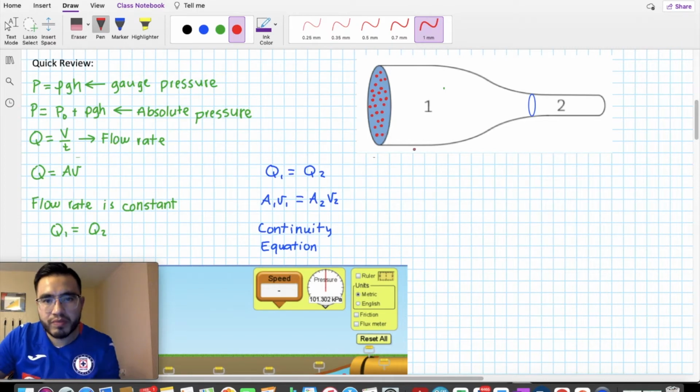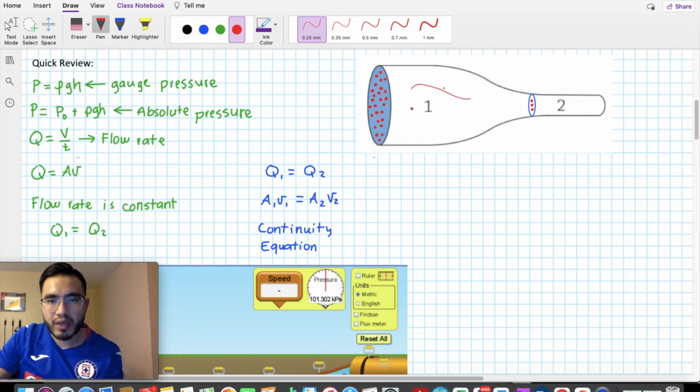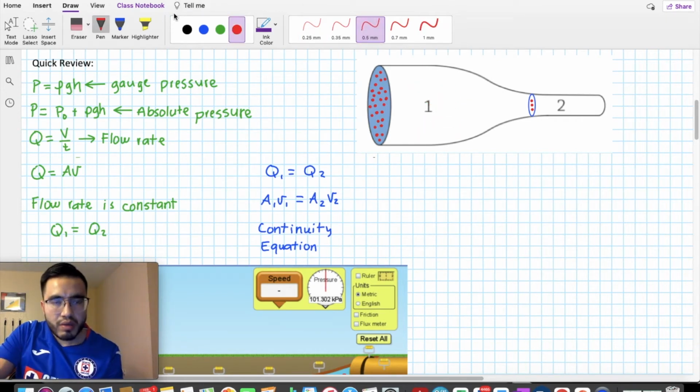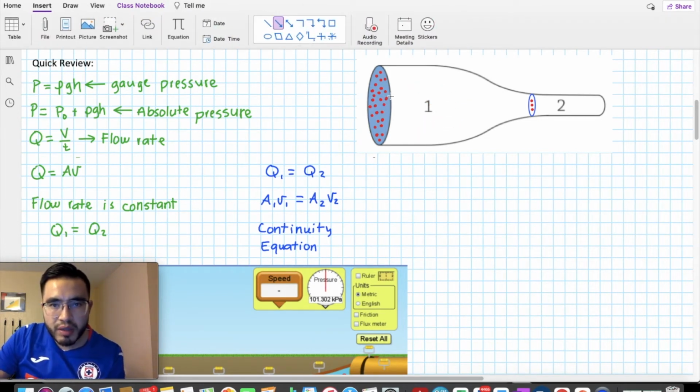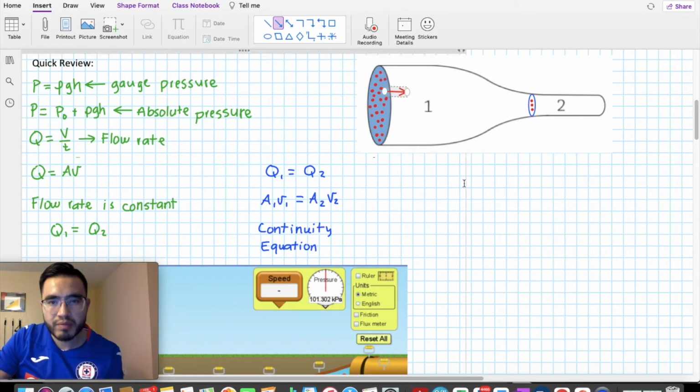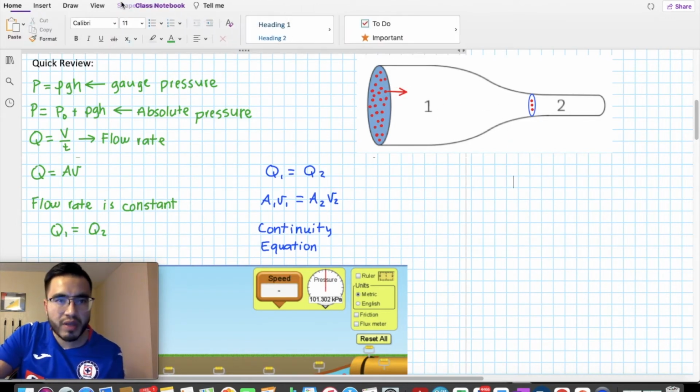Let's do one more over here, and then we have 1, 2, 3. We know that the flow is to the right. That's how the flow is going, that direction. And we're going to take this molecule and say it has some velocity. We're going to call this velocity 1.